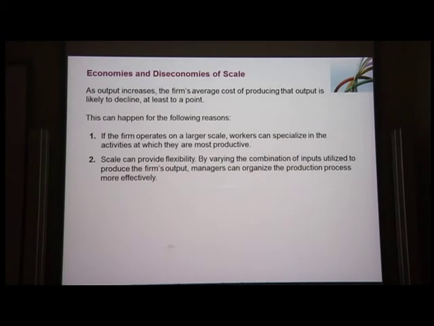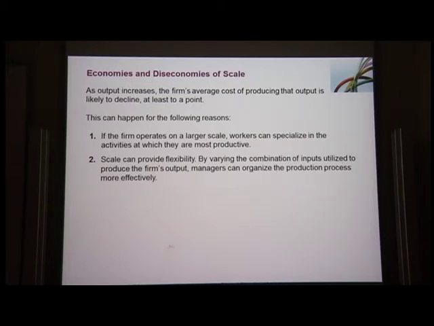The second reason is that if you produce on a large scale, you've got more flexibility. It means that you can have various combinations of inputs to produce the firm's output. So you can look at what combination will minimize the cost of labor and capital. And then the production manager can organize the production process in line with that. Because in the end, the aim is to minimize cost.